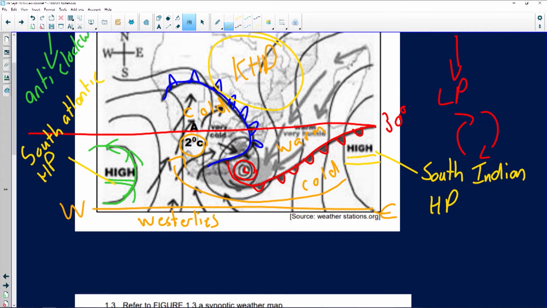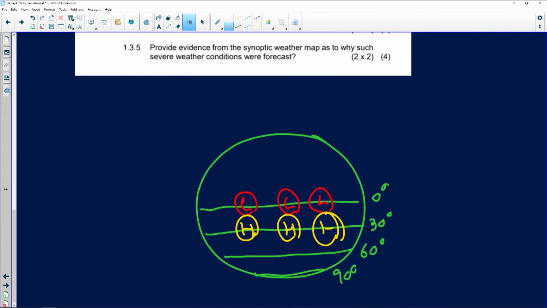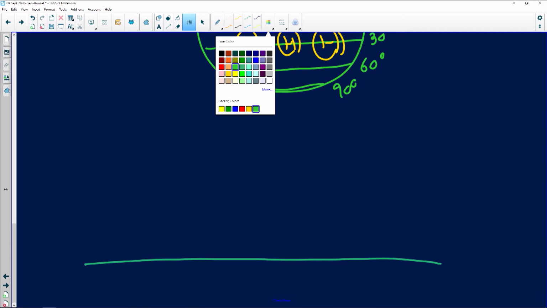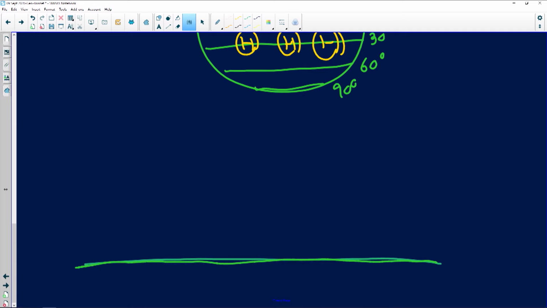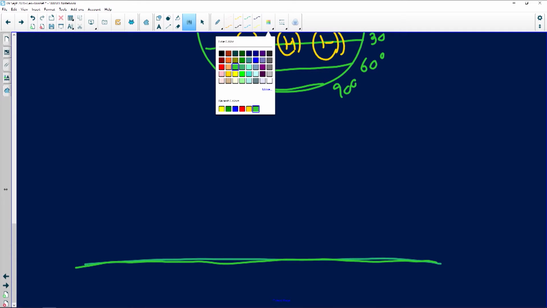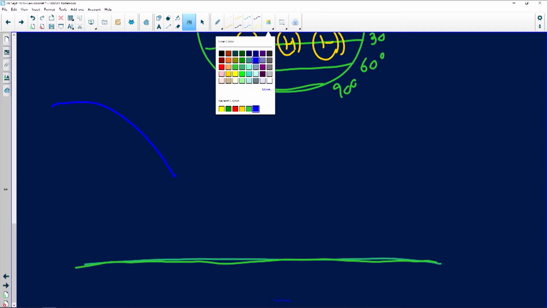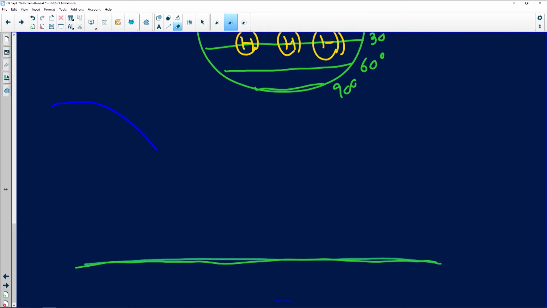So if I can depict this synoptic chart on a cross section, I just want to use a different color pen. We've got our surface over here, and in South Africa, we see the following. Let me just wipe this off.